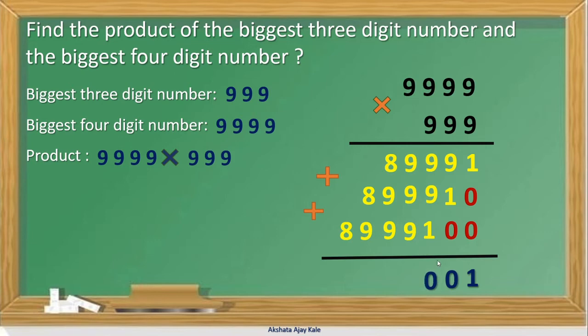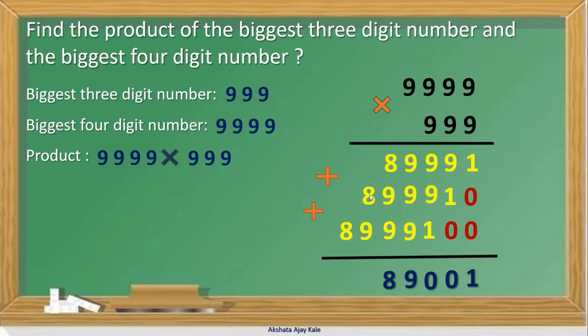So 0 here, 2 carried over. 9 plus 2, that is 11, plus 9, that is 20, plus 9, that is 29. So we write 9 here, 2 is carried over. 8 plus 2, that is 10, 10 plus 9, that is 19, plus 9, that is 28. 8 we will write down and 2 is carried over.